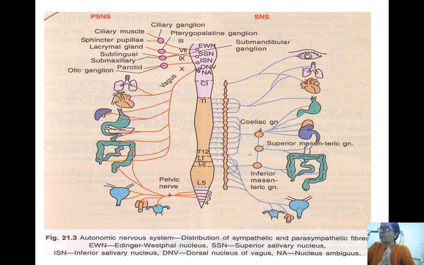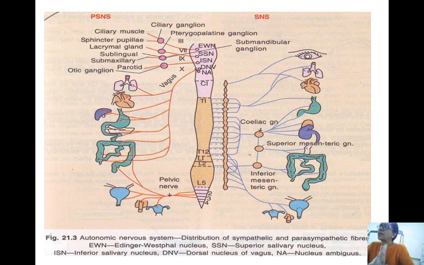The fibers supplying the gut, after leaving the spinal cord, will enter the sympathetic ganglion. Here you can see a sympathetic ganglion. From the sympathetic ganglion, they are going to the celiac ganglion and various other ganglia like the superior mesenteric ganglion and inferior mesenteric ganglion.